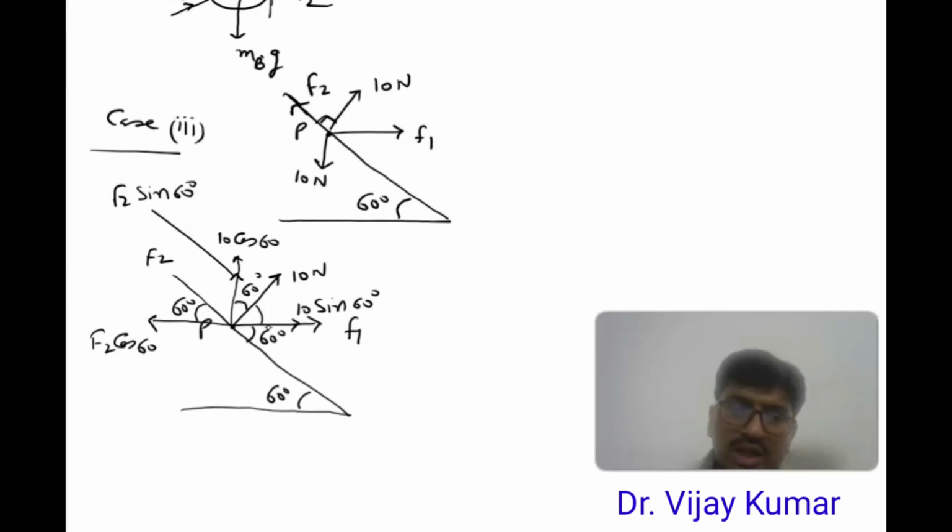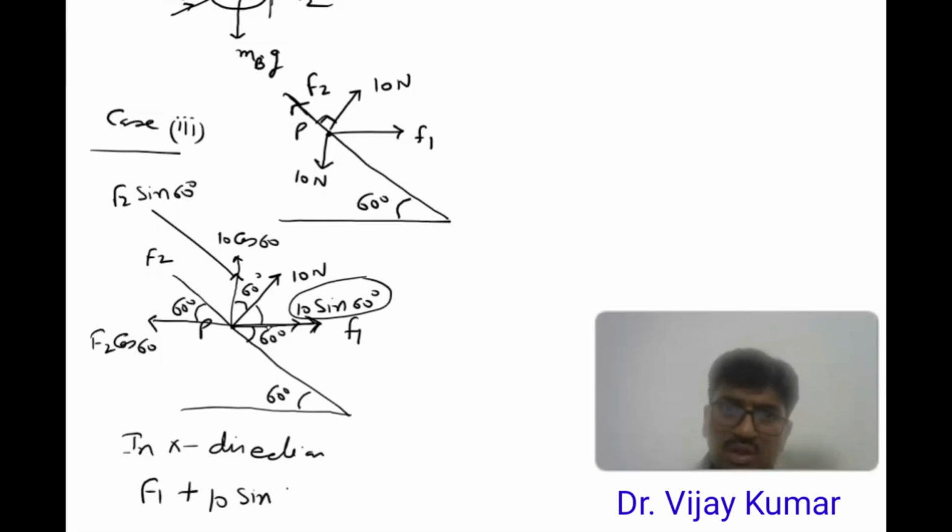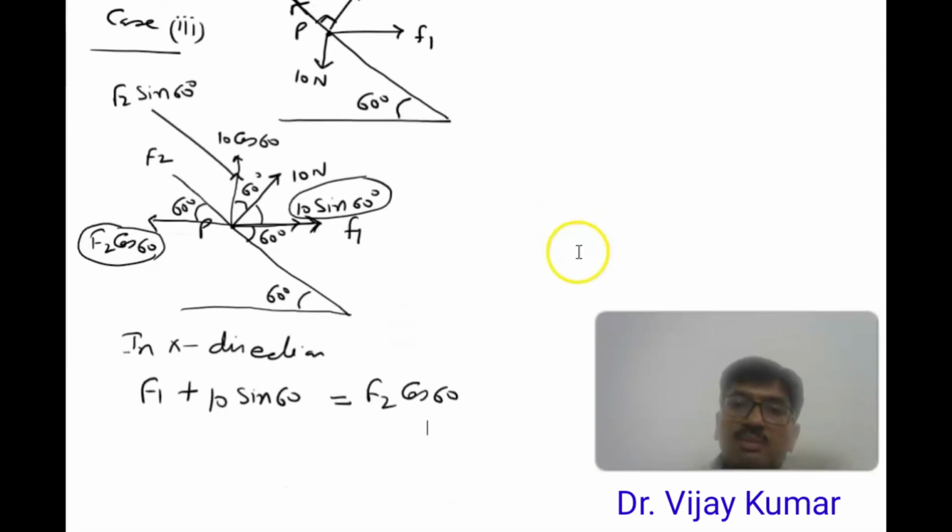So in the x direction, the first force is F1 plus 10 cos 60, and these two forces F1 and 10 cos 60 are balanced by F2 cos 60. This is in the x dimension.